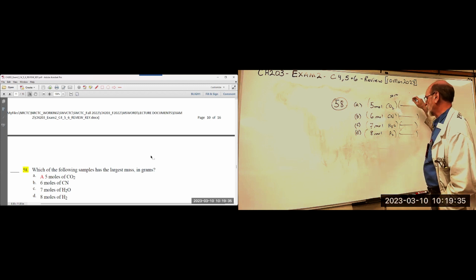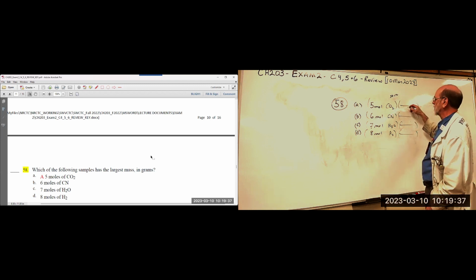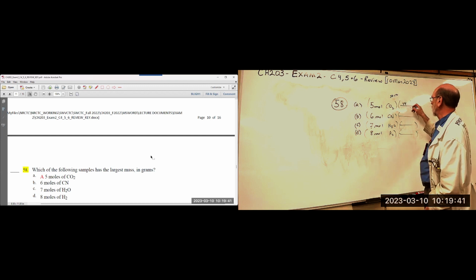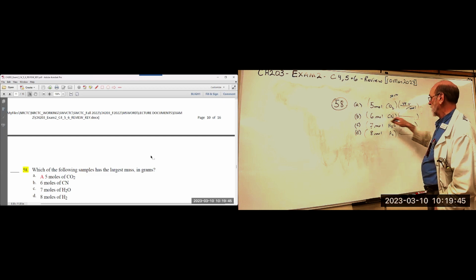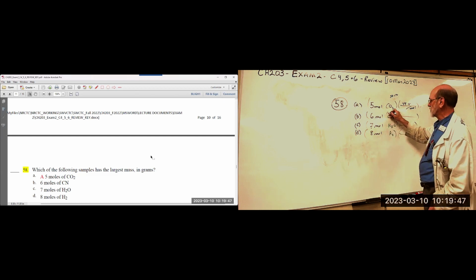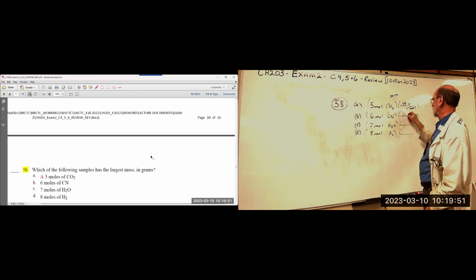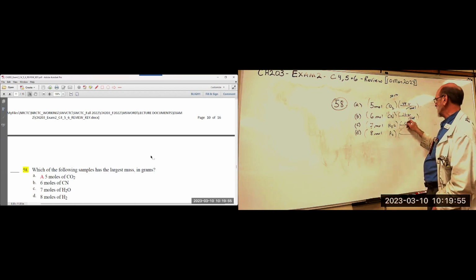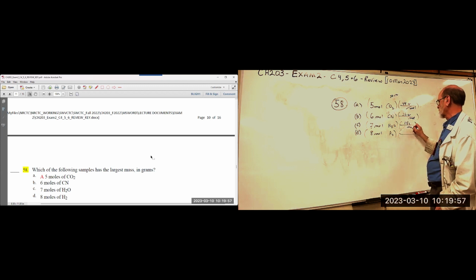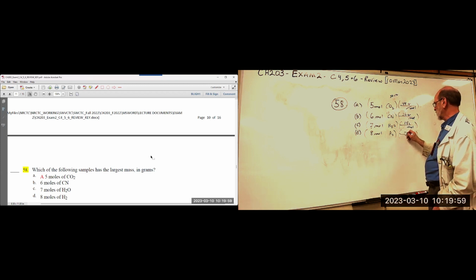So that'd be 44, right? 44 grams per mole. Cyanide: that's 12 and 14, which is 26 grams per mole. Water is 18 grams per mole. And hydrogen is 2 grams per mole.